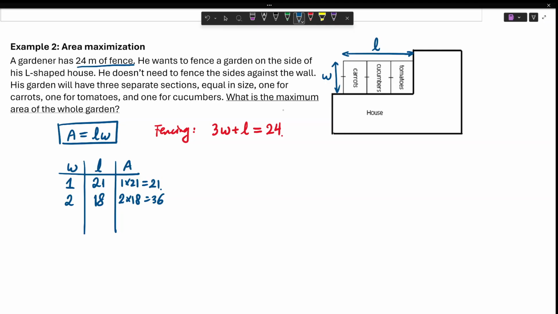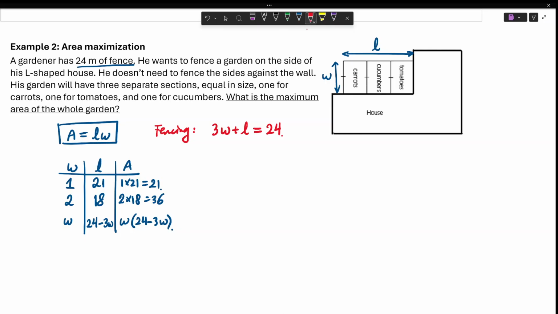Well, whatever the width is, that determines the length. The length is always going to be 24 minus 3 times the width. So the area is always going to be the width times the length, which is 24 minus 3 times the width. Let's write that again outside the table.